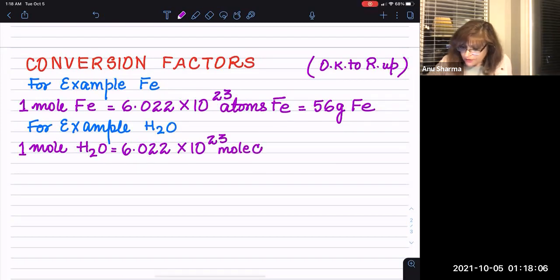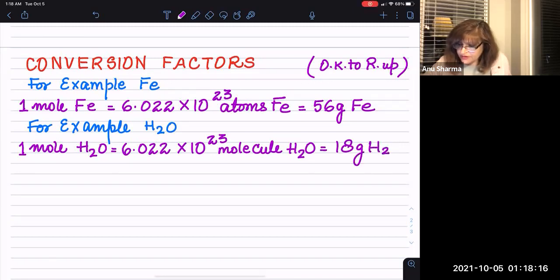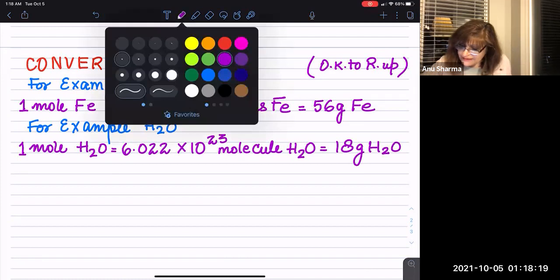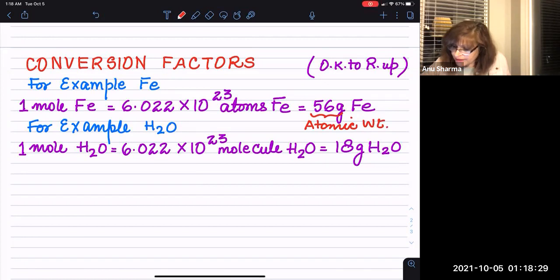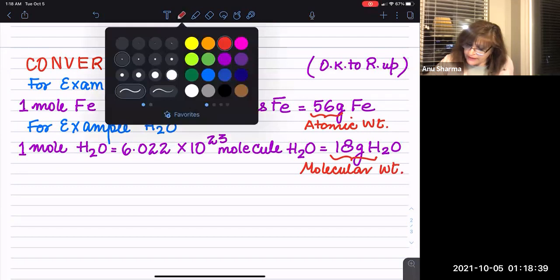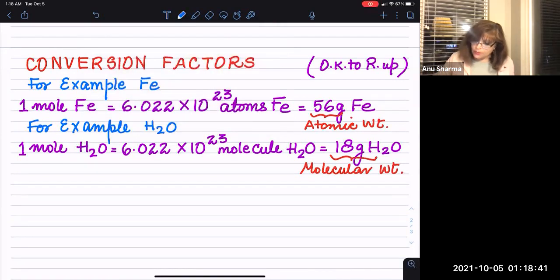If it is a molecule, you write molecules of water, and the molecular weight is 18 grams. So here, this is the atomic weight, or the weight of the atoms, also called the mass number. And the next one is the molecular weight.